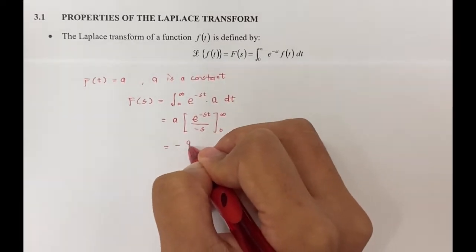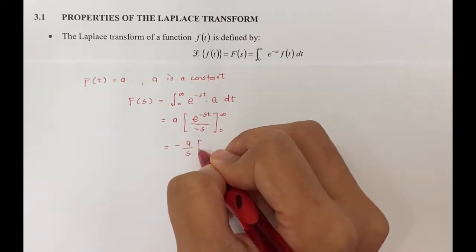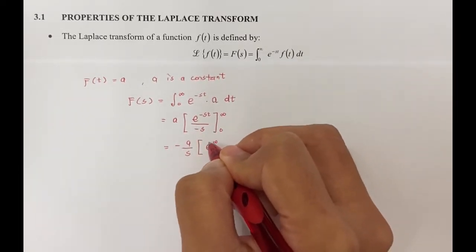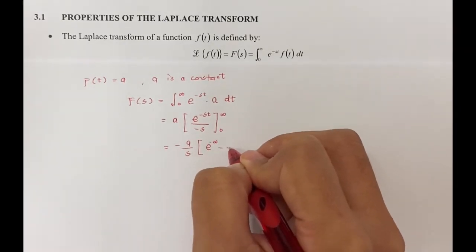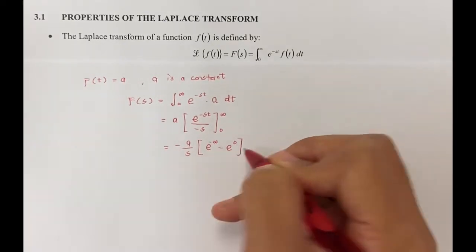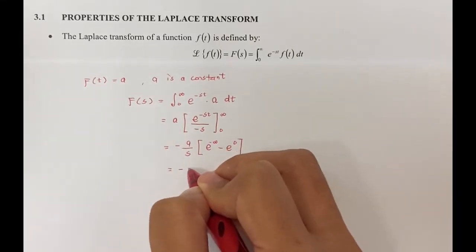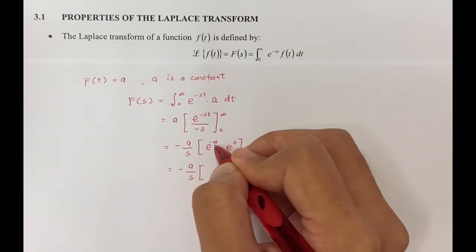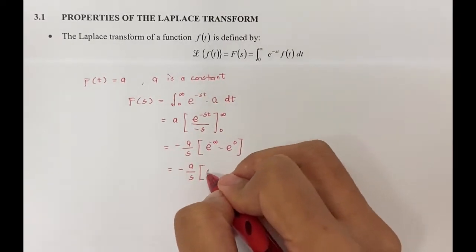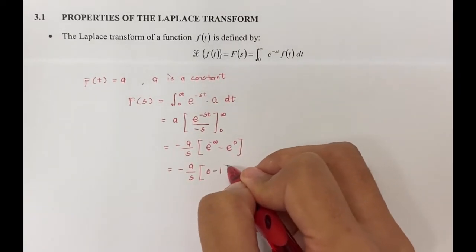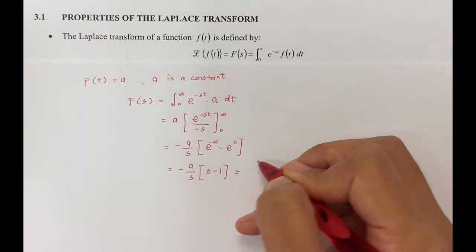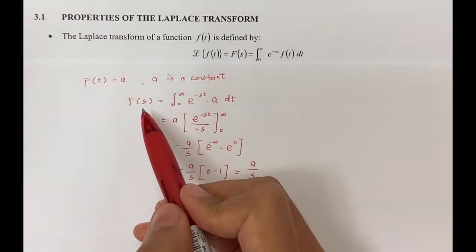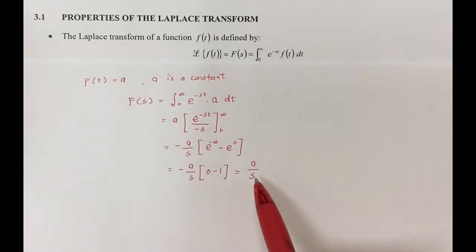I have negative a over s times e to the power of negative infinity minus e to the power of 0. e to the power of negative infinity is equal to 0, and e to the power of 0 is 1. So this is equal to a over s. So the Laplace transform for a is equal to a over s.